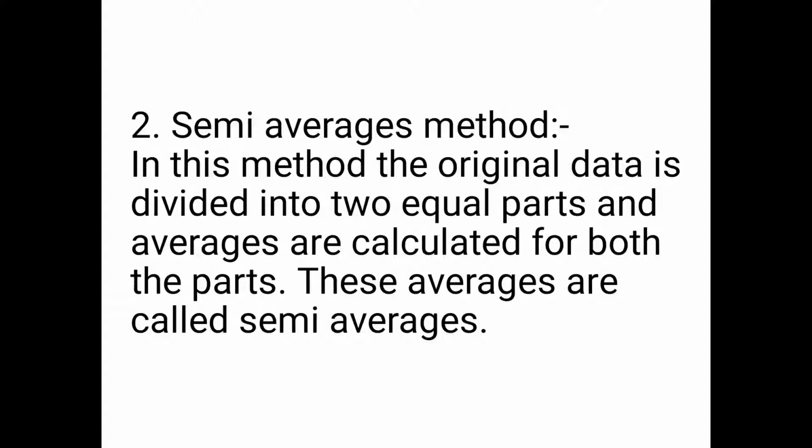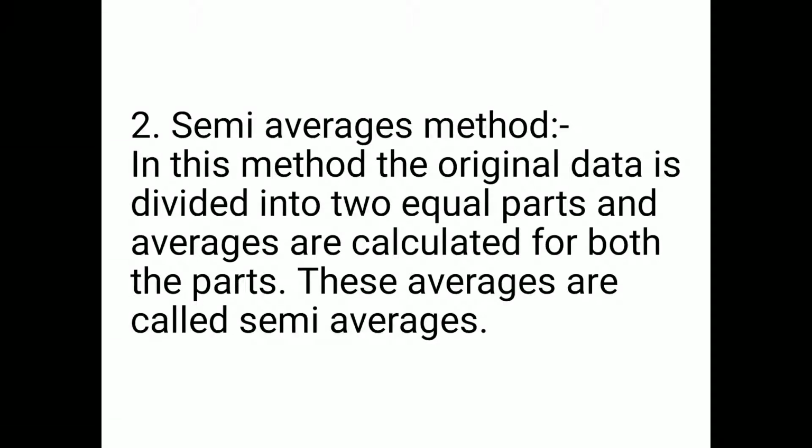The two semi-average values are written against the centers of the 2 time spans. On a graph sheet, the 2 trend values are plotted with a suitable scale and joined by a straight line, which indicates the direction of the trend line.